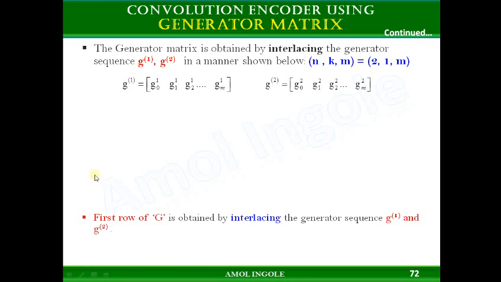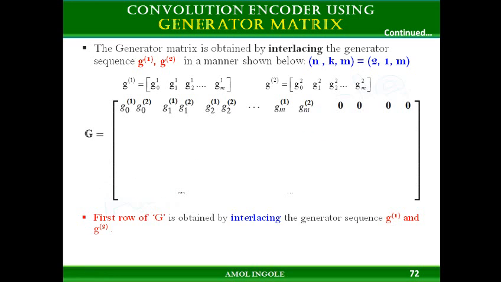This is G2, which will again have the same number of bits as G1. The first row of the generator matrix is obtained by interlacing the generator sequences G1 and G2, and it is shown like this. You can see here, this is G1 0, the first bit of the generator G1.